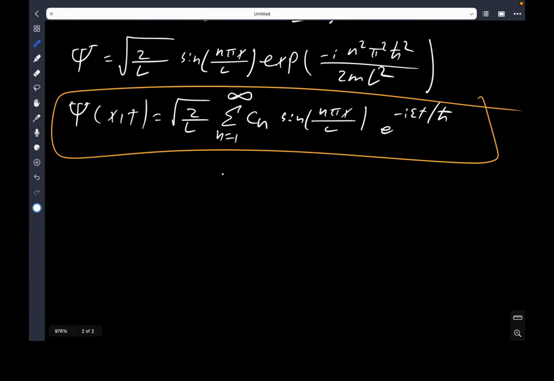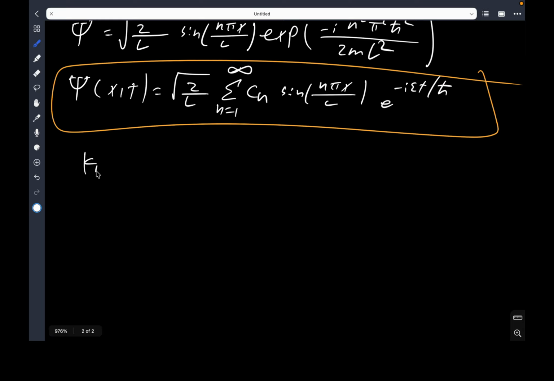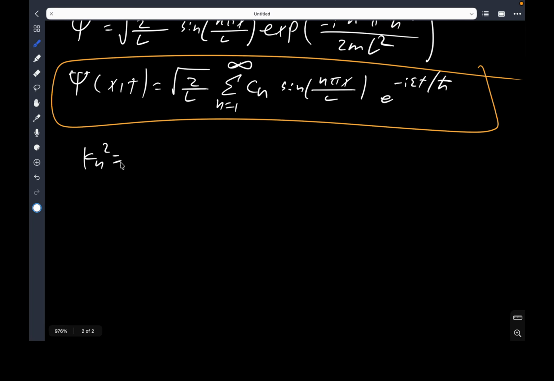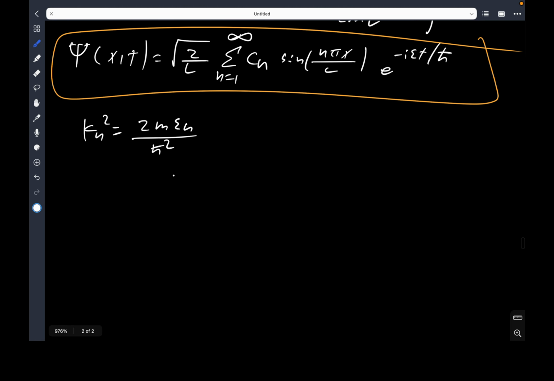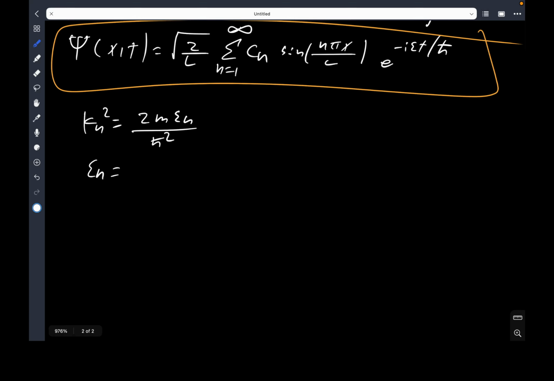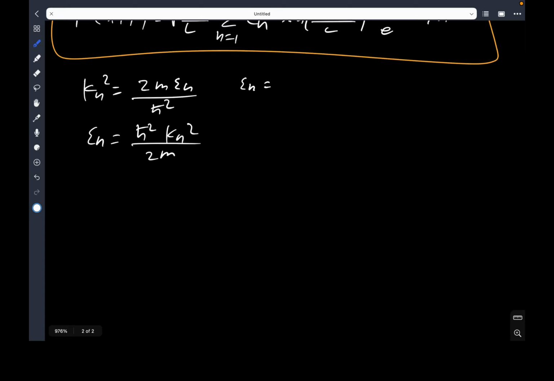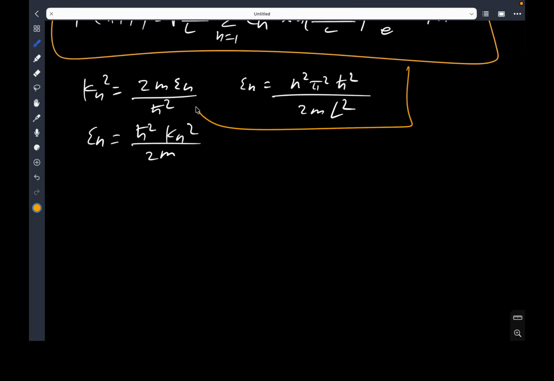And we can also write the energy. From this we can remember that k_n squared was 2mE_n over h bar squared, and isolating for E_n would give us h bar squared k_n squared over 2m, and E_n would be equal to n squared pi squared h bar squared over 2mL squared, which tells us that energy is quantized.